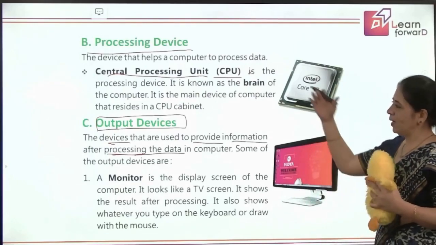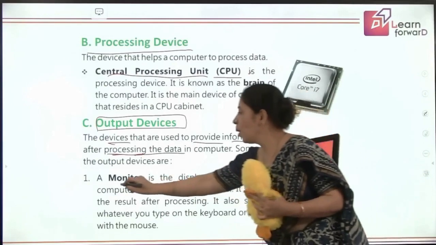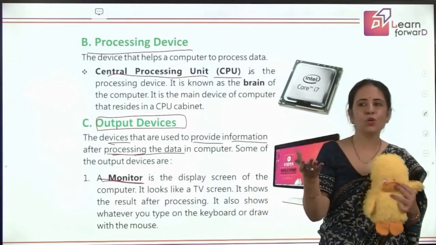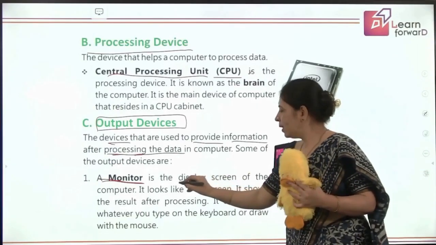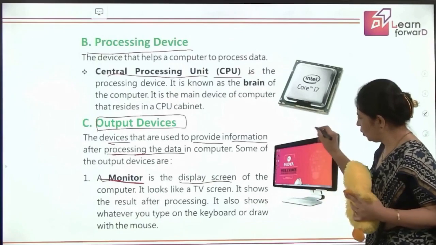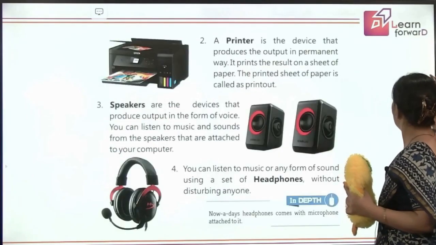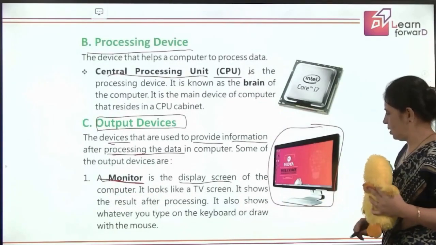Now we are going to take different output devices. So the first output device, a very common output device which is attached to your computer, is a monitor. Monitor is a display screen. So this is basically a monitor on which you normally see the output on the screen.